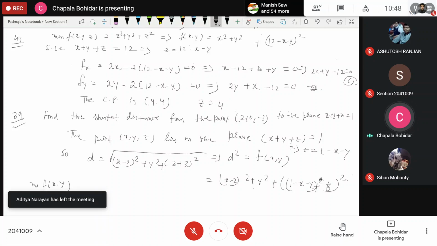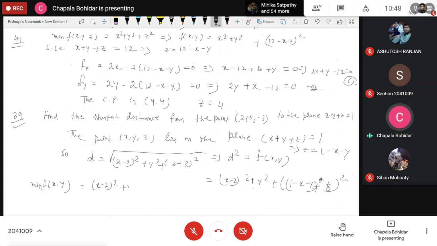Minimum of the function of x, y. Now you shall find out the critical point.